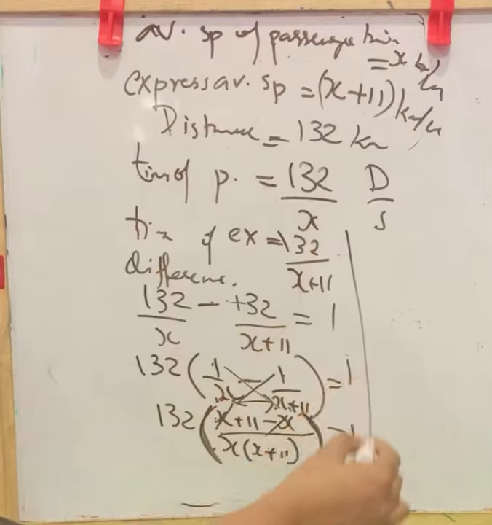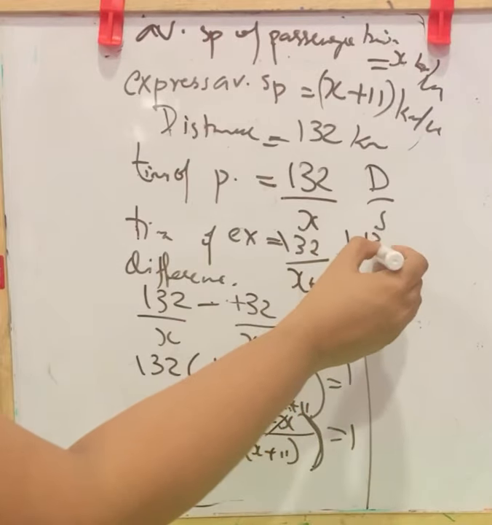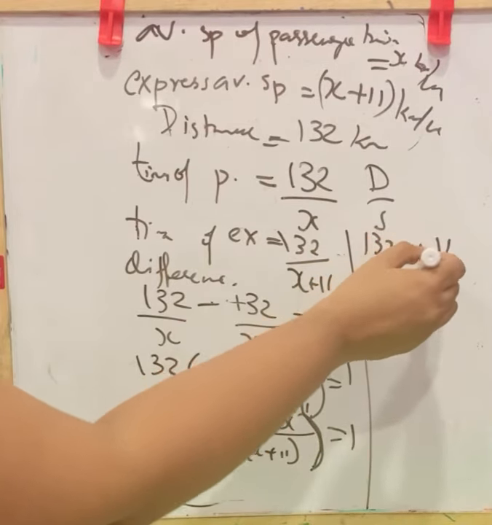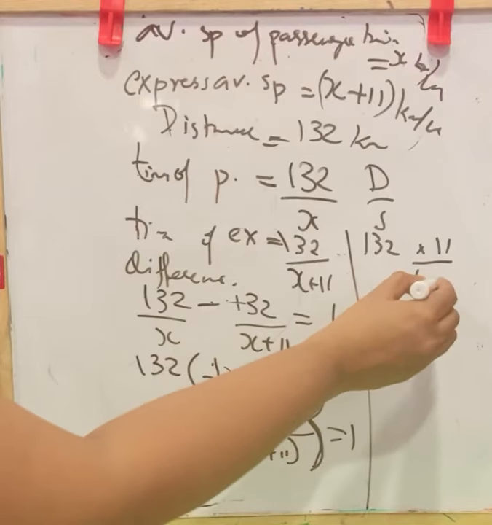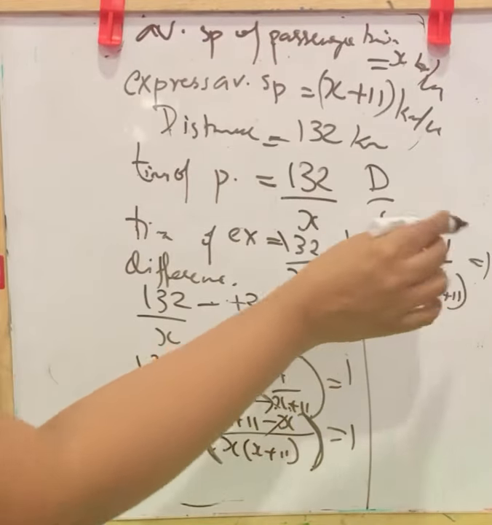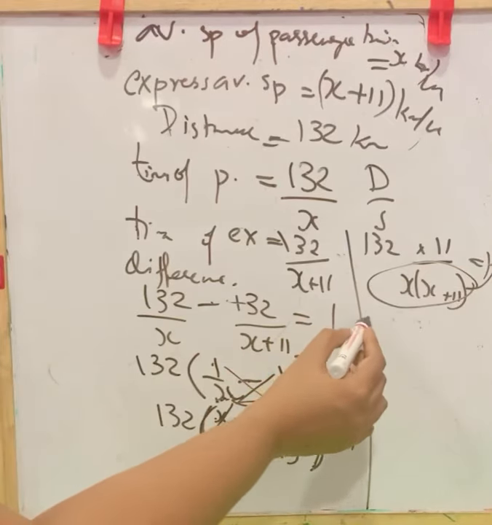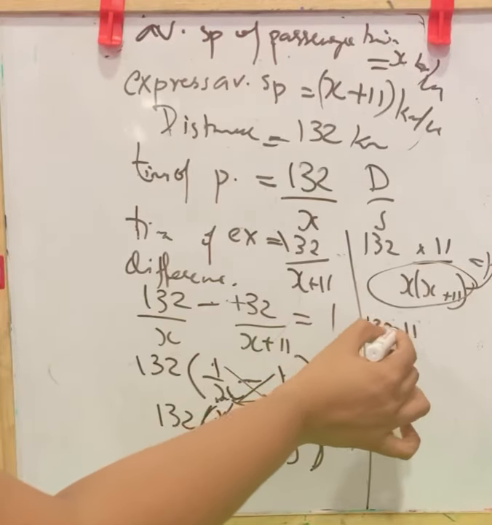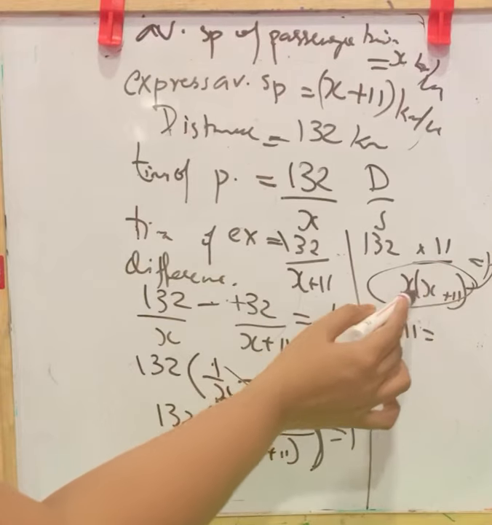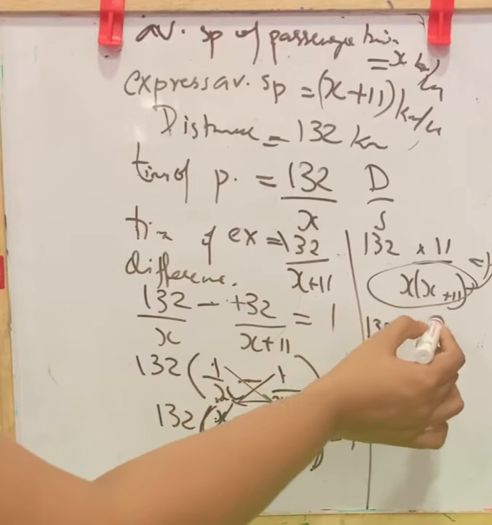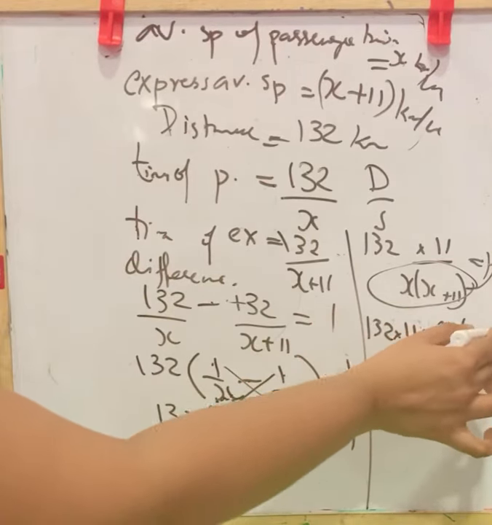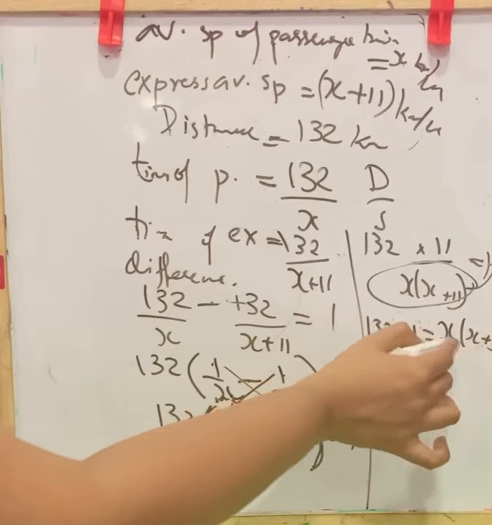That is, we can write 132 into 11 by x into x plus 11 equal to 1. Take this denominator part to RHS, it becomes 132 into 11 equal to 1 into x into x plus 11, that is x into x plus 11, because 1 into any value you will get the same result.